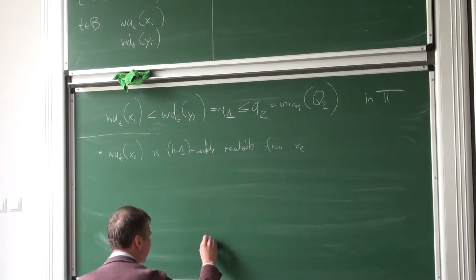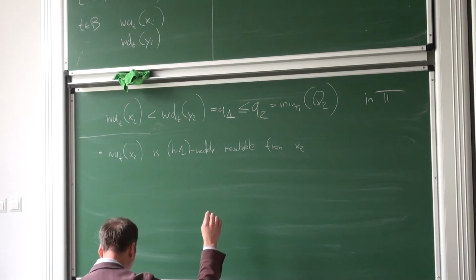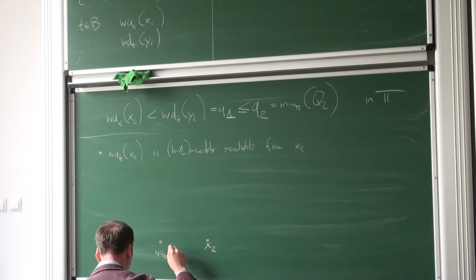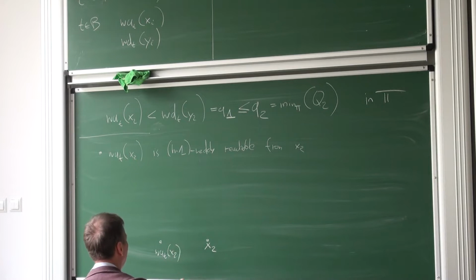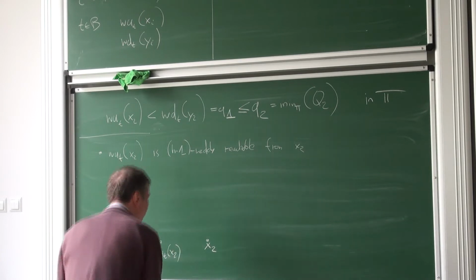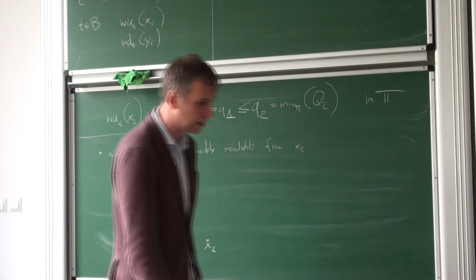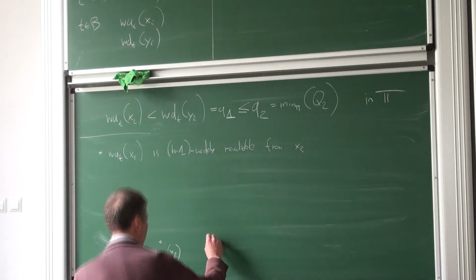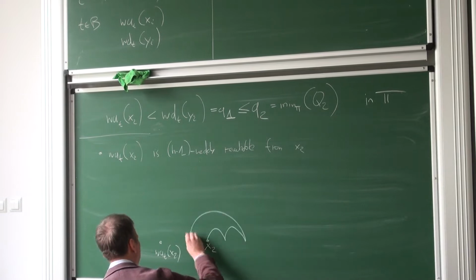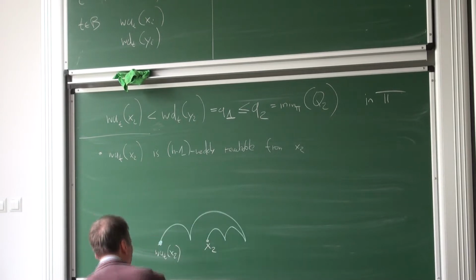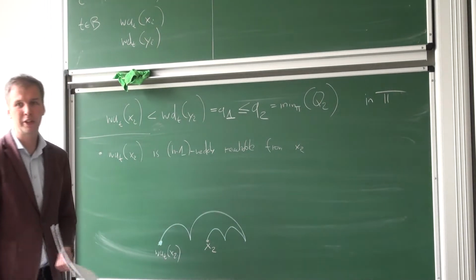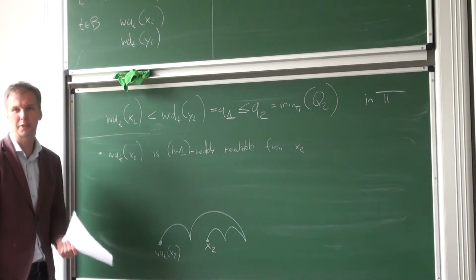Well, I have x2 and I have WUT of x2. Let's not make it too messy. Maybe like this, okay? By the definition of this element, there is a path, yes? So this path has at most h-1 edges because we are walking in the upset of x2.